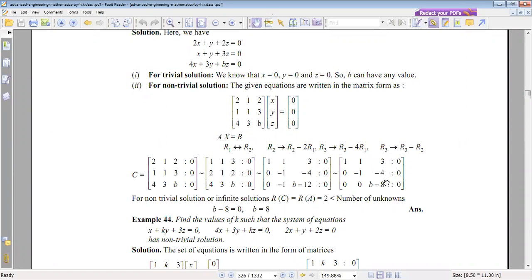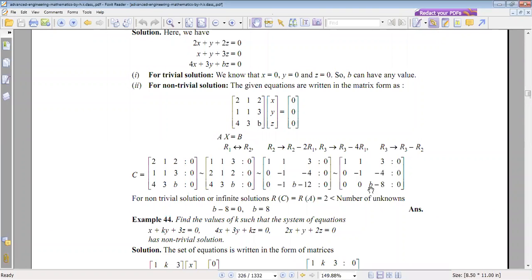It has an infinite number of solutions if the rank of the matrix is less than the number of unknowns. So here, how many unknowns are there? 3 unknowns, x, y, and z.